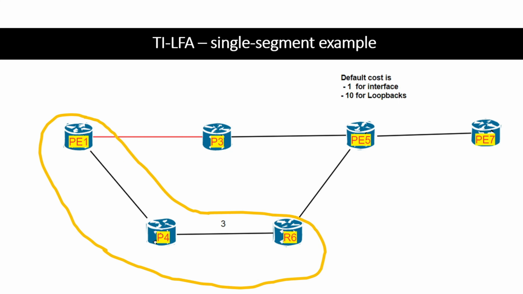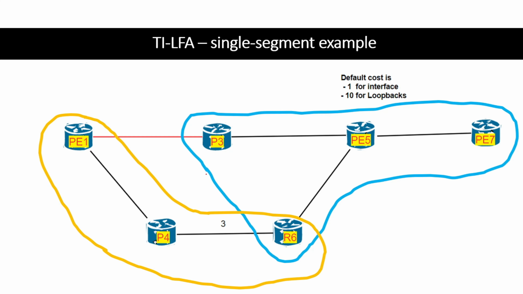And if we talk about the extended P space, it reaches till R6 because P4 can reach R6 without going via the backup path. Hence it becomes the extended P space. And this is the Q space for P3 or destination. So R6 becomes the PQ node.